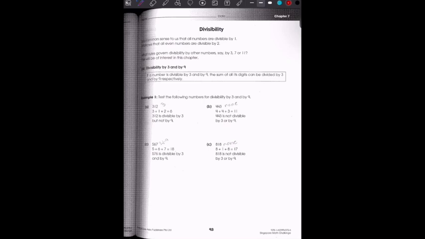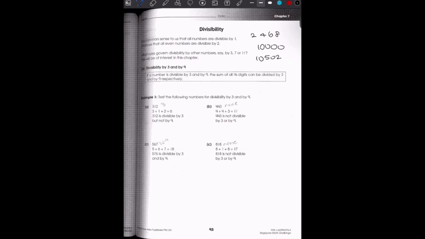And so, it's common sense that all numbers are divisible by 1 because any number divided by 1 is basically going to give itself. And we all know that even numbers are divisible by 2 because, for example, all even numbers, 2, 4, 6, 8, as well as larger even numbers like 10,000 or 10,502.